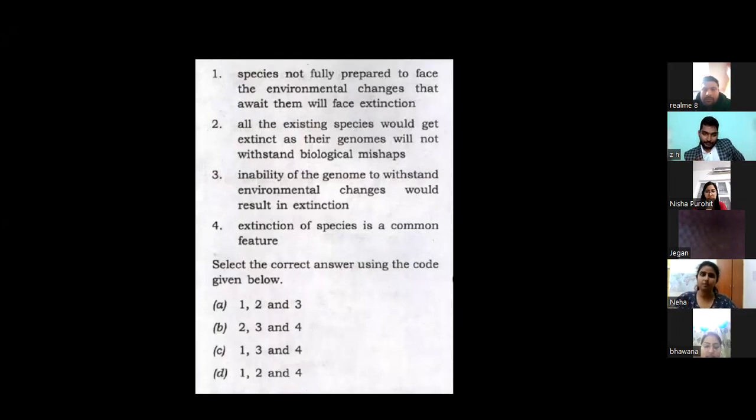Statement 3, inability of the genome to withstand environmental changes would result in extinction. Also possible, right? This is not a very extreme statement. If the genome of that particular species is incapable, unable to cope, it might face extinction. As simple as that. Nothing problematic so far.